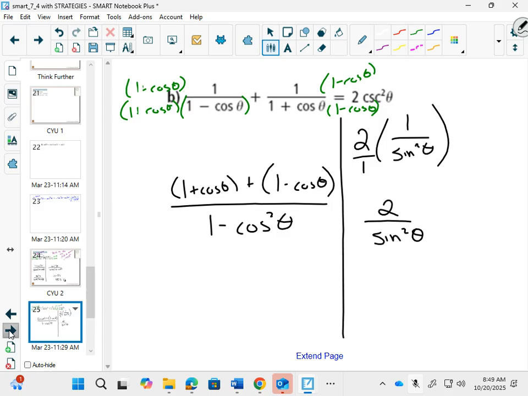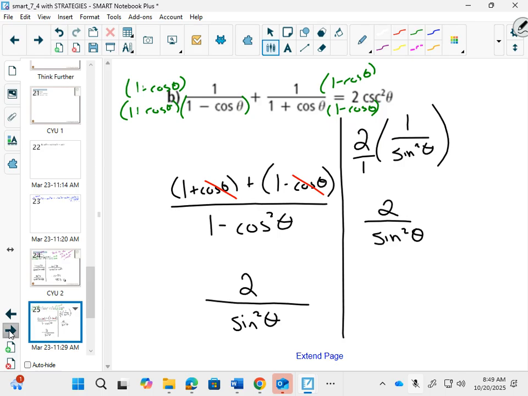Can I simplify anything? Yes. Can you see that the plus cos theta and the minus cos theta will go away? And on the top I would just have 1 plus 1, which is 2. And on the bottom I have 1 minus cos squared theta. You should think of your Pythagorean identities, and sure enough, that's equal to sine squared theta.